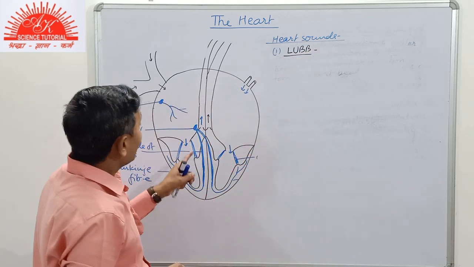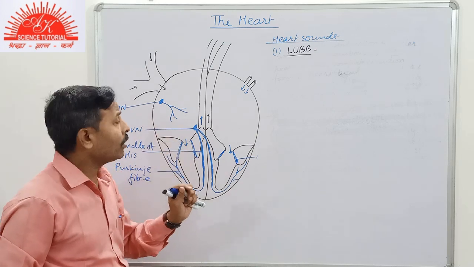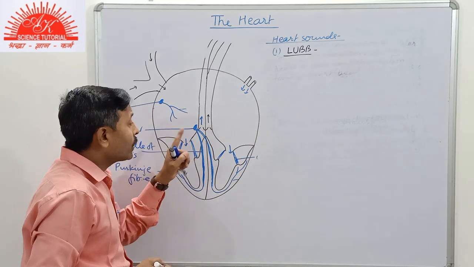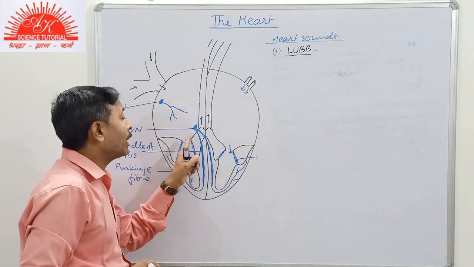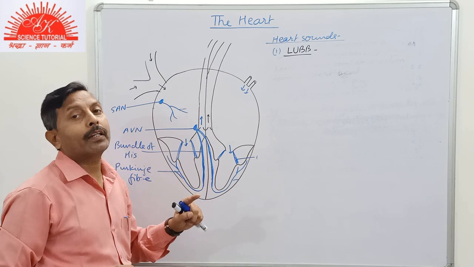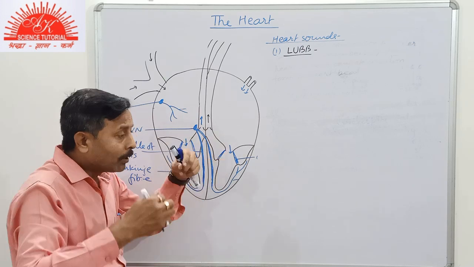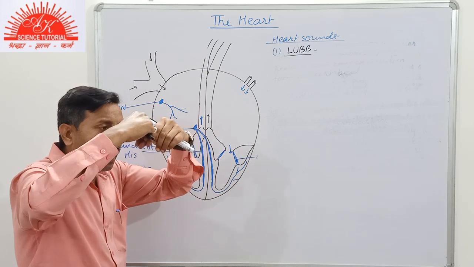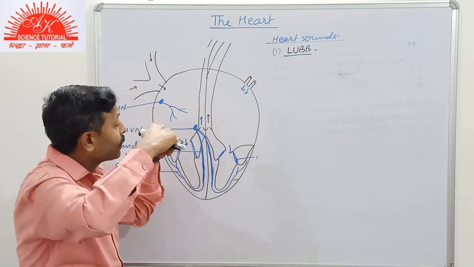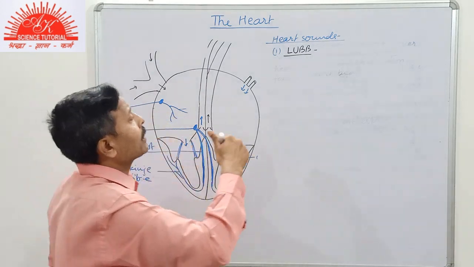Lub is the first sound, or the stronger sound, which is produced due to closure of tricuspid and bicuspid valves at the beginning of the ventricular systole. When ventricles contract, due to the force exerted, the flaps come close together and make a sound.